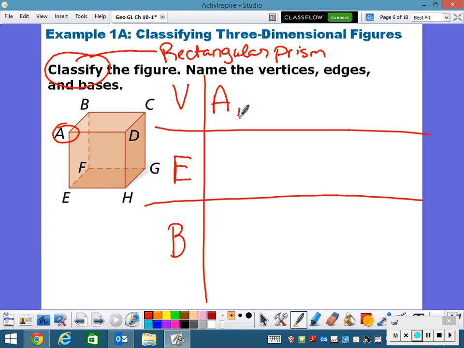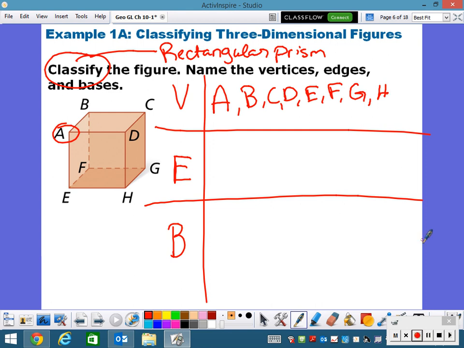So Gabriel, why don't you get all the rest of the vertices for me? Just name them out. A, B, C, D, F, G, H, E. Correct. Okay. So there's all the vertices.